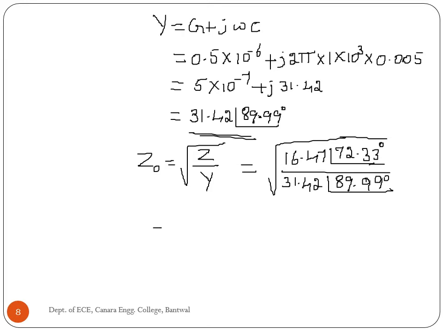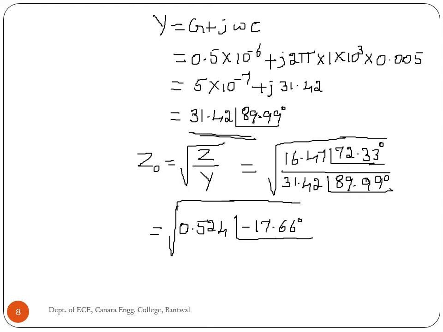When we divide 16.47 by 31.42, we get 0.524, and the angle is 72.33 degree minus 89.99 degree, which is equal to minus 17.66 degree.